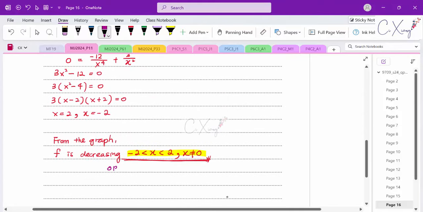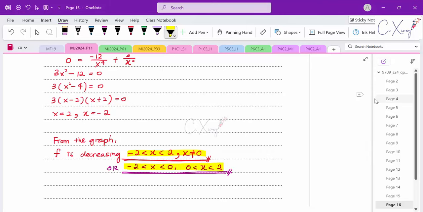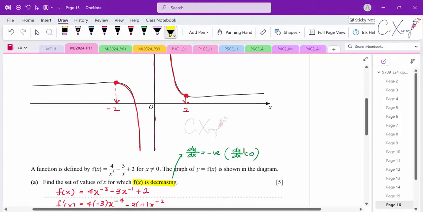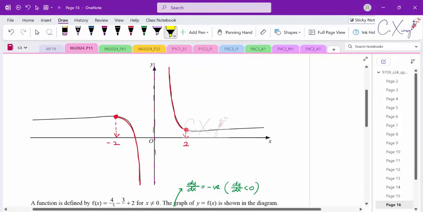Or you can write it this way, separated into two different parts: -2 until 0, and after that, 0 until 2. So this is how we decide the range of x where the function is decreasing.